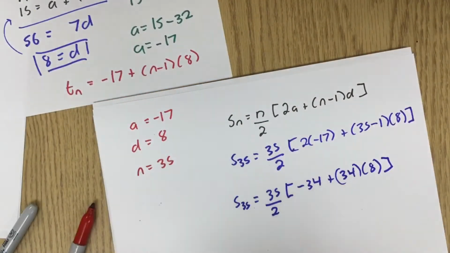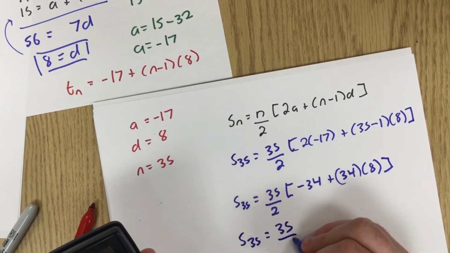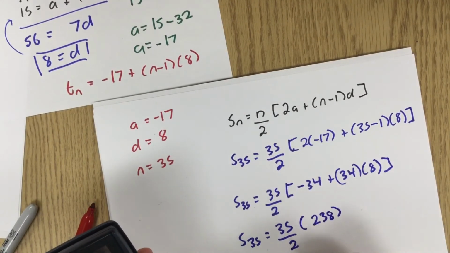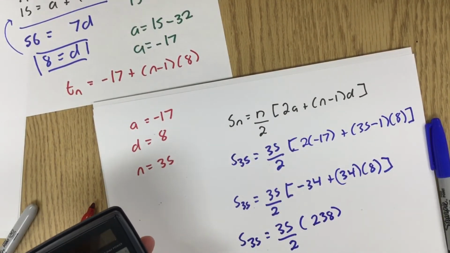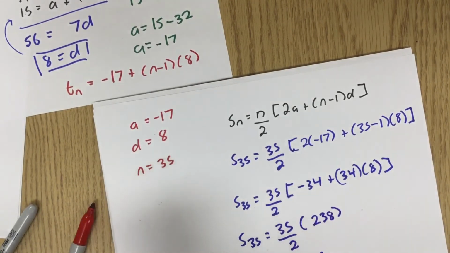We probably could have combined some steps together there. It's going to be 35 over 2 times 238, divided by 2, and that gives us 4165.